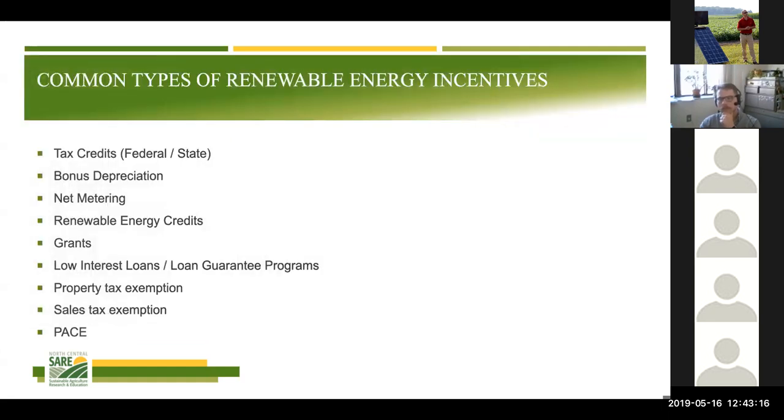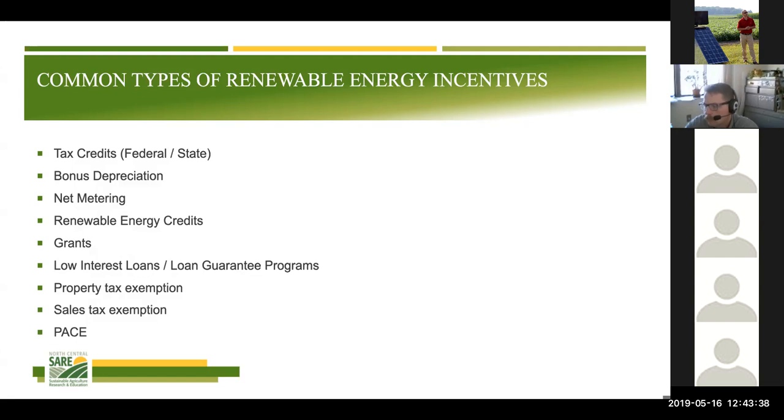So for today's project, through this program, we have participants registered from 12 states across the north central region. And so it's a little bit difficult to dive into every specific incentive that you may find available to the farmers that you work with on a daily basis.